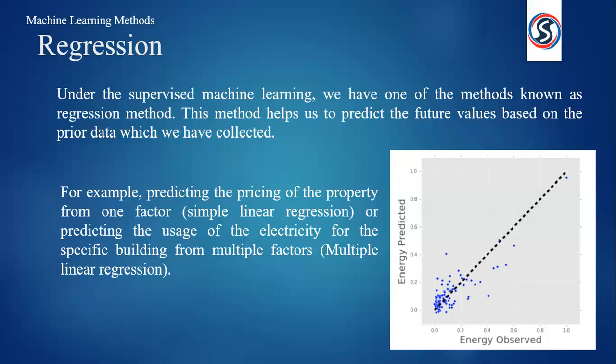Like the age and the weight, this is the continuous data we are getting. For example, predicting the price of a property from one factor, or predicting the electricity usage of a specific building from multiple factors. Regression is used to predict continuous values such as price, salary, age, weight.